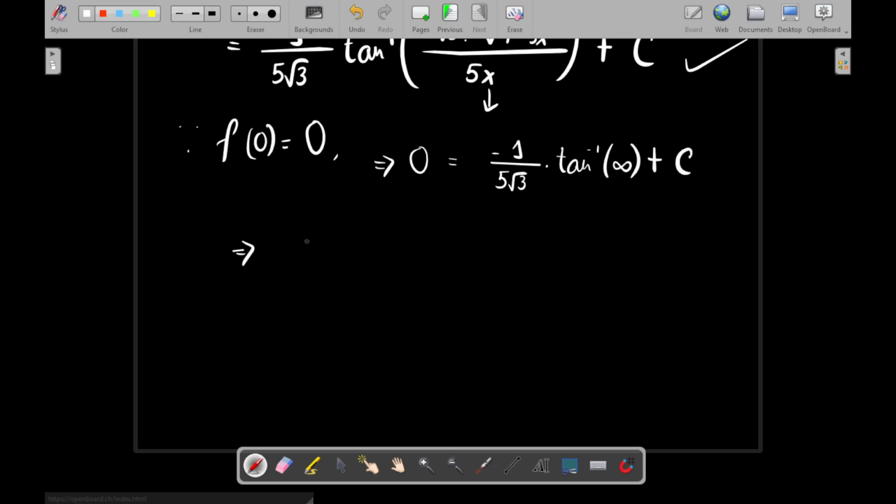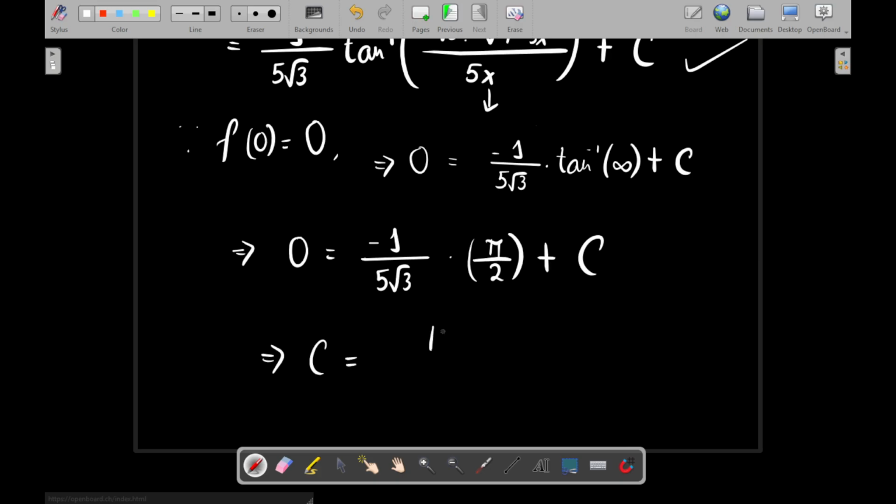So from here we have 0 equal to minus 1 upon 5 root 3 times pi by 2 plus c. So from here we get c is equal to, if we multiply these two and take it to the left hand side, pi upon 10 root 3.